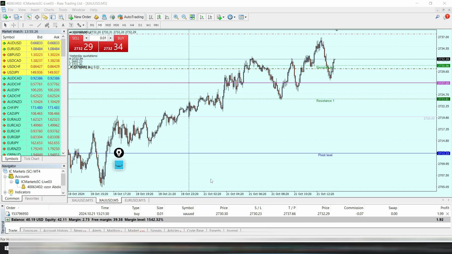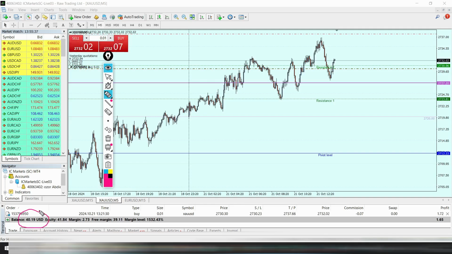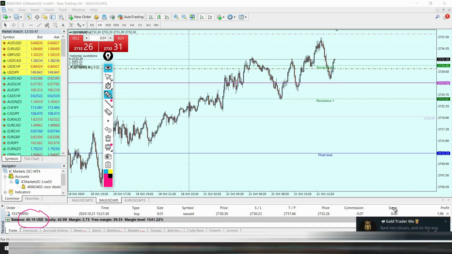My anticipation for today's market is how we can carry this account from $40, as you are seeing here, to at least $60. But bear in mind that the market is not mine to control, so I'm just trading the market using my own analysis.